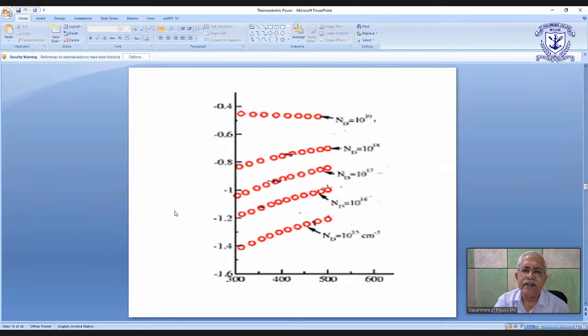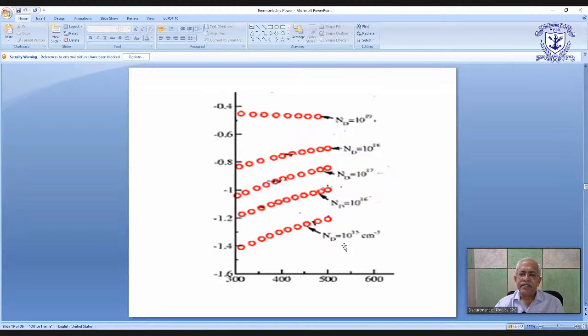Let us look at the N-type semiconductor. On the y-axis is plotted the Seebeck coefficient, and on the x-axis is the temperature. If I look at the magnitude, we note that the magnitude decreases as we go up on the y-axis. So this magnitude at minus 0.4 is less than, say, 1.